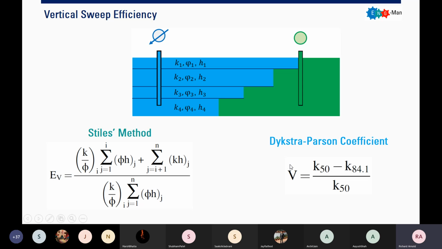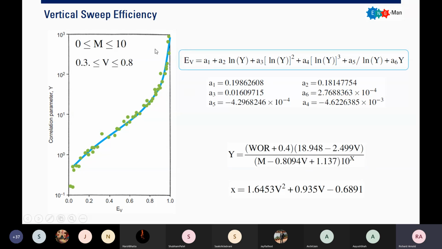Okay, so if you have your log data, you calculate the Dykstra-Parsons coefficient for each well using this formula. Okay, and using that information, V and also mobility ratio, you can use this plot, or you can also use this equation to finally calculate your vertical sweep efficiency.